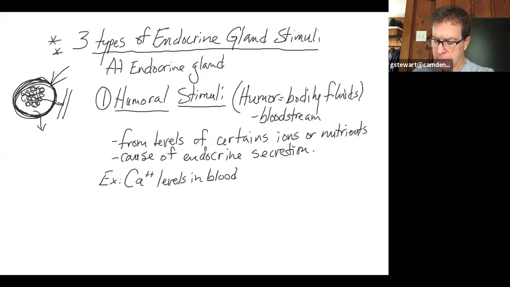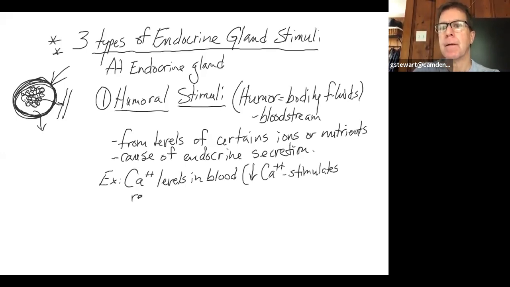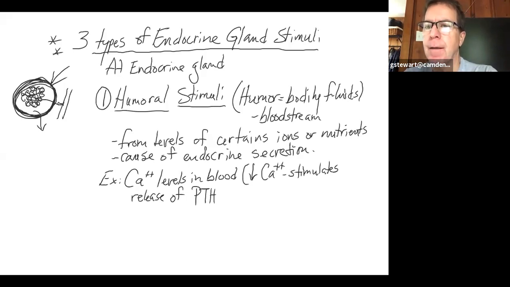And we learned a long time ago that a decrease in those blood calcium levels, even a tiny bit, stimulates the release of parathyroid hormone from the parathyroid gland. And then that stimulates an increase in calcium levels in the blood.